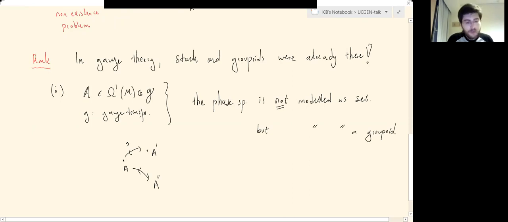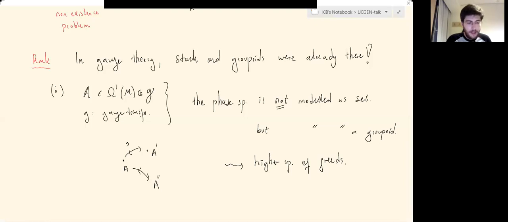And the smooth structure on that space, now we call it the higher space of fields, is basically encoded by using the notion of a stack.